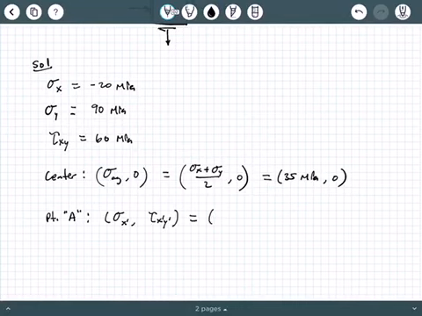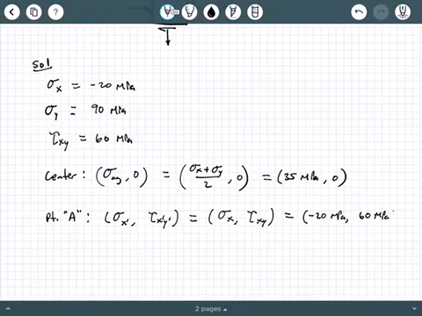Okay, next we need to define point A in our Mohr circle. And as we've discussed already, that's defined by your local axes in the same orientations as the global axes. So the point A would be sigma x prime comma tau x prime y prime, which will end up being sigma x comma tau xy.